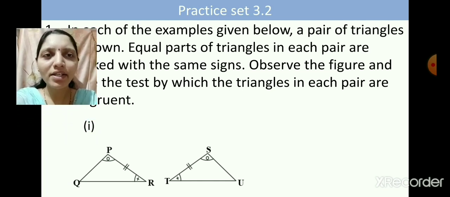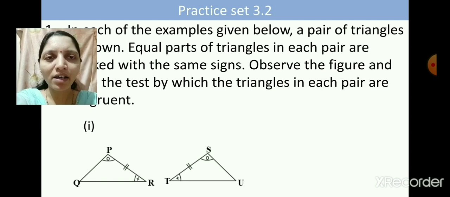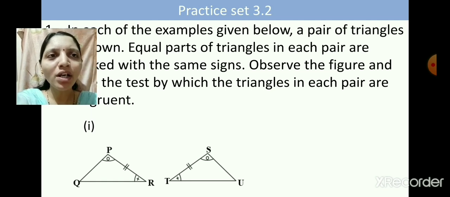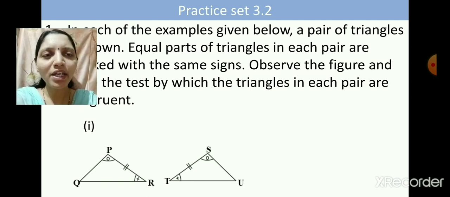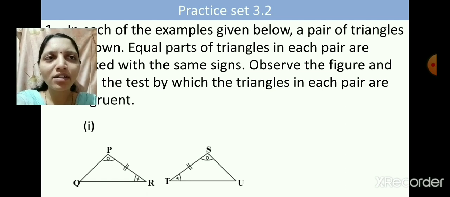In this example, two triangles are given, triangle PQR and triangle STU, and the pairs of equal parts are shown. If you observe this figure, angle P and angle S are shown congruent, angle R and angle T are shown congruent, and side PR and side ST are shown congruent. So these are the three parts, or three elements, shown here.